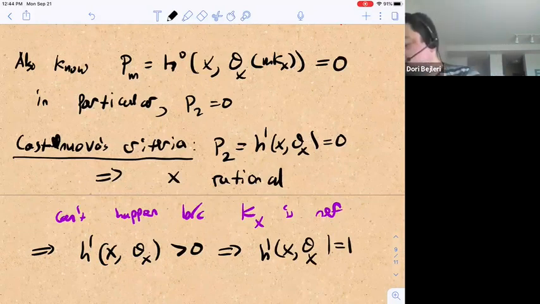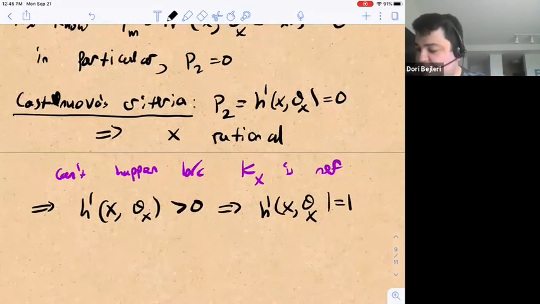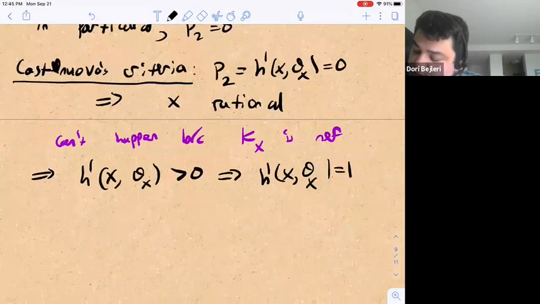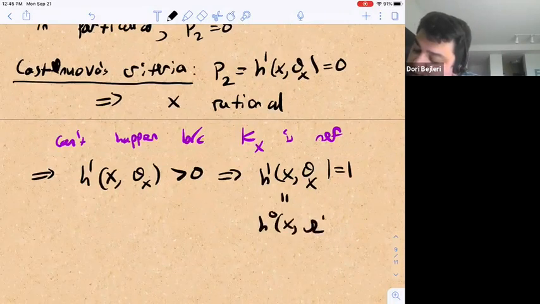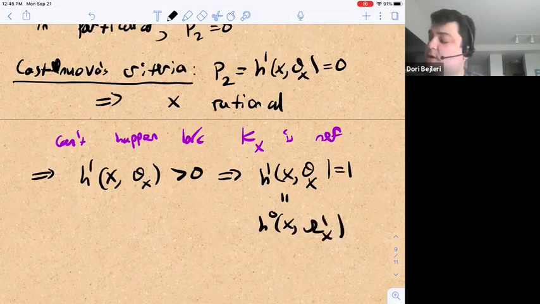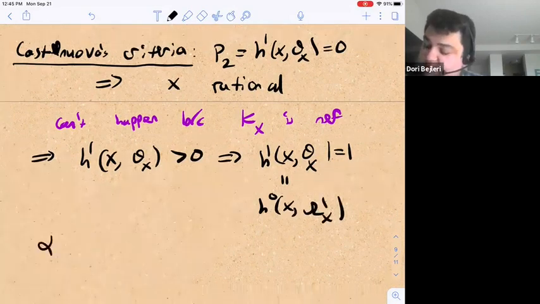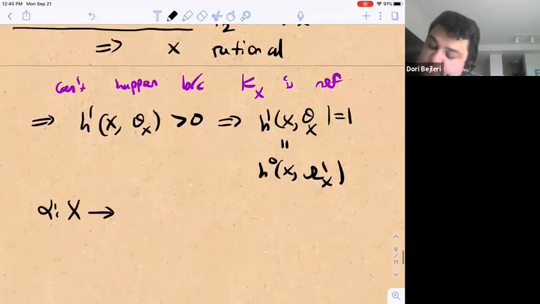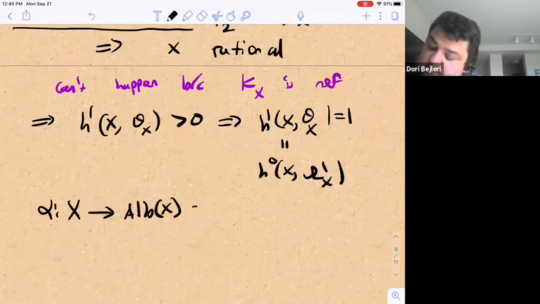Okay, and now we can look at the Albanese morphism. So this is the same as H^0(X, Omega^1_X). And so now we have this Albanese morphism alpha, which maps onto a one-dimensional abelian variety, which is another name for an elliptic curve.